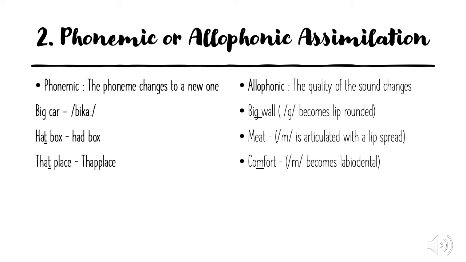So let's look at a few examples. In a phrase like "that place," you notice that the t is replaced by a new sound which comes because of the influence of the sound that comes after it. So, under the influence of the p of "place," the t of "that" changes. It becomes a new phoneme itself. In rapid speech, we would be saying something like "thap place."